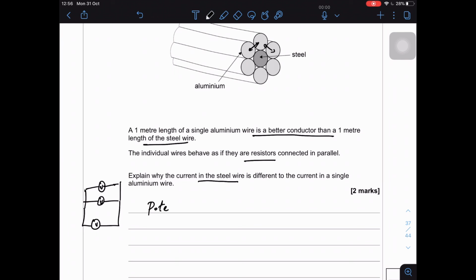So the potential difference across the cables is the same because they are connected in parallel.